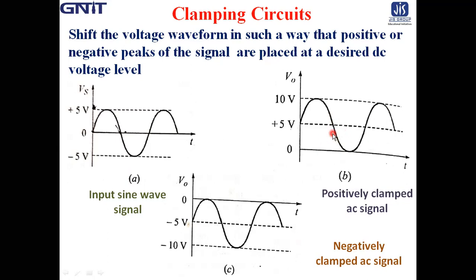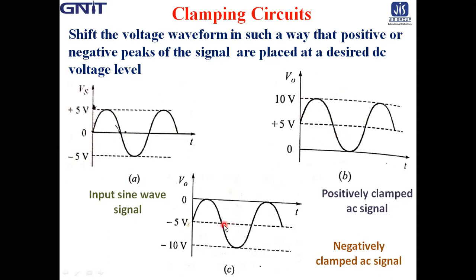The waveform has peak values of 10 volt and 0 volt. Such clampers are called positive clampers, in which the waveform undergoes an upward vertical shift without any change of its shape, and the waveform is said to be positively clamped at 10 volt.